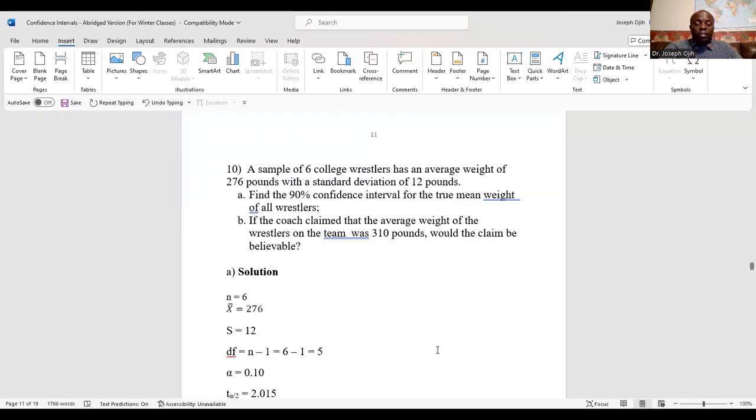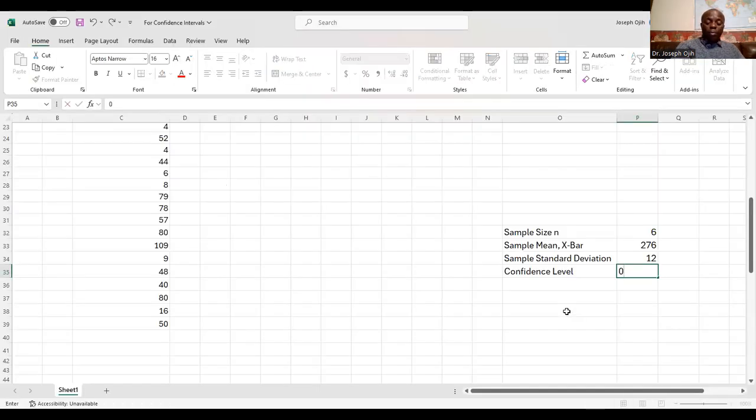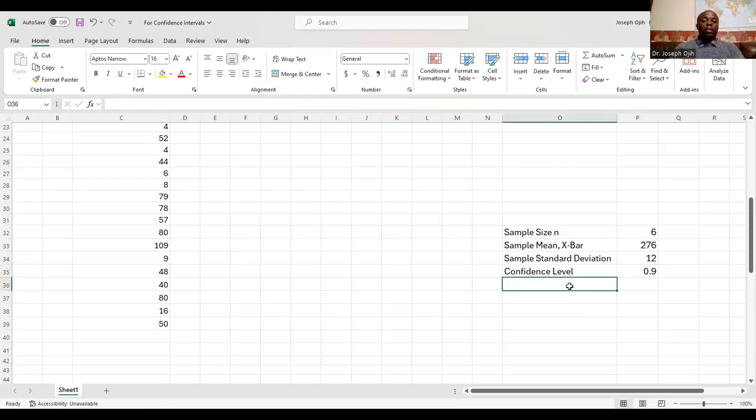So I'm going to put 0.9 right there, which represents 90%. So let's find the error this time around, the error margin.